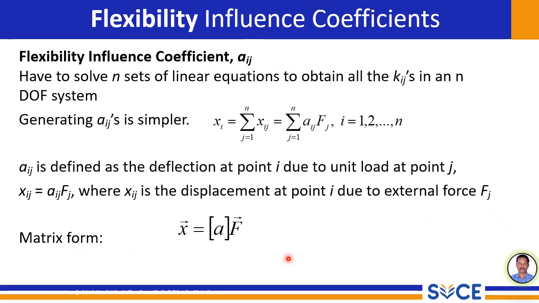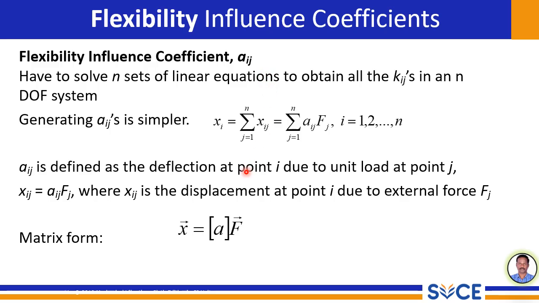Let's move on to another type of influence coefficient, the flexibility influence coefficient, denoted as Aij. The flexibility influence coefficient Aij is defined as the deflection at point i due to a unit load at point j. Essentially, it tells us how much a particular point in the system will deflect when a unit force is applied at another point or the same point.